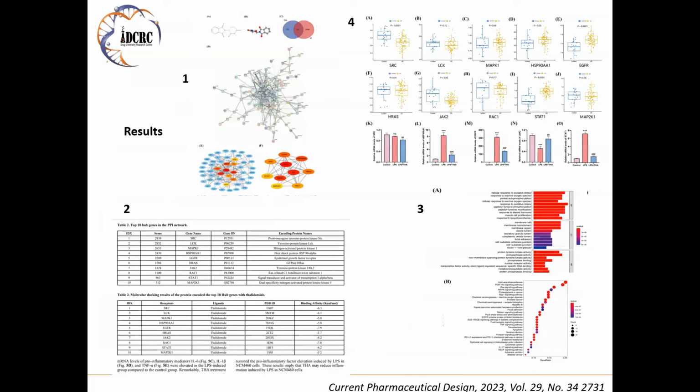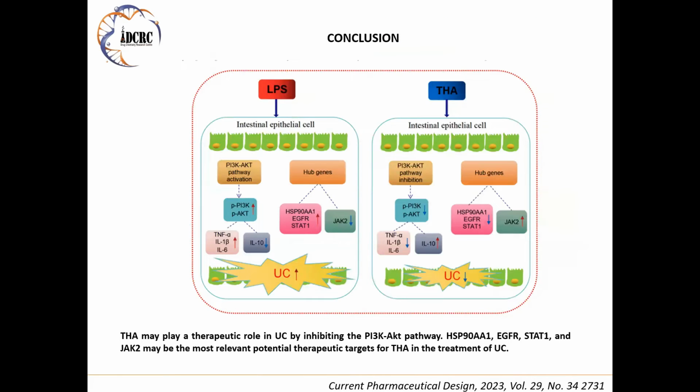So what they identified was the expression of certain genes like MAPK, JAK2, RAC, STAT, which is significantly affected by using thalidomide.